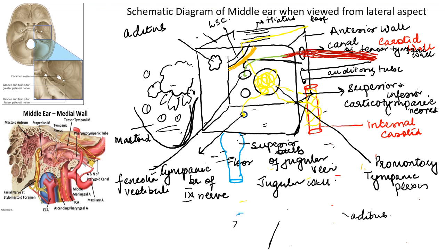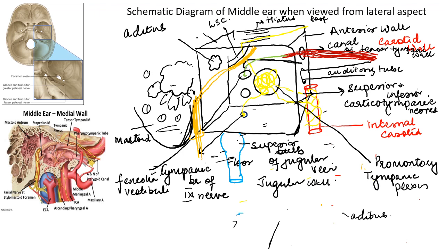Then the facial nerve forms a canal in the posterior wall and is exiting out here at the stylomastoid foramen. The vertical part of the facial nerve forms a prominence in the posterior wall.